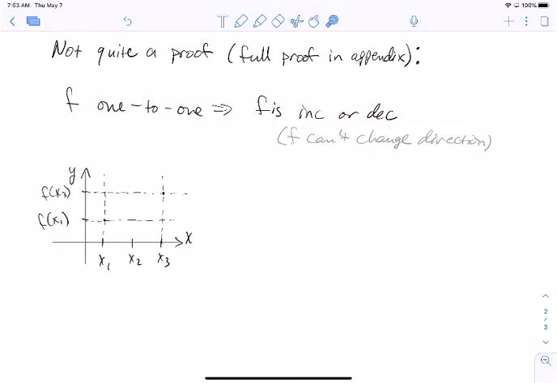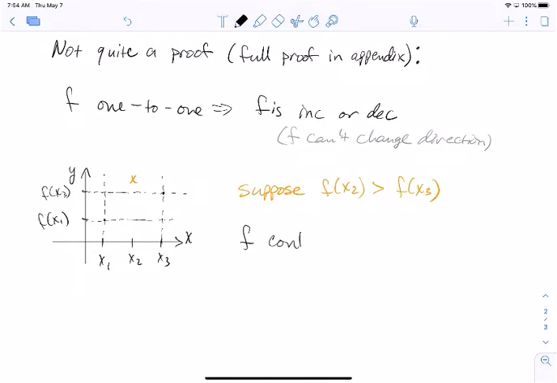We're going to assume that it does end up changing direction somehow, and then see that that's going to be a problem. And for purposes of having just something to look at and think about, right now we're assuming that f is increasing. But suppose we have an output for x2 that doesn't lie between the outputs for x1 and x3. In particular, suppose f of x2 is greater than f of x3.